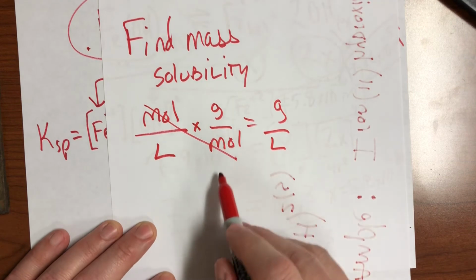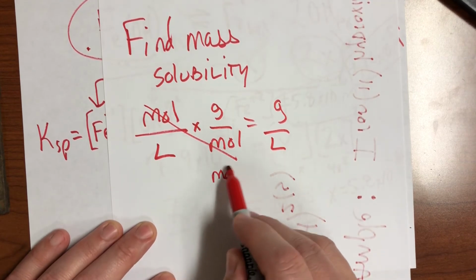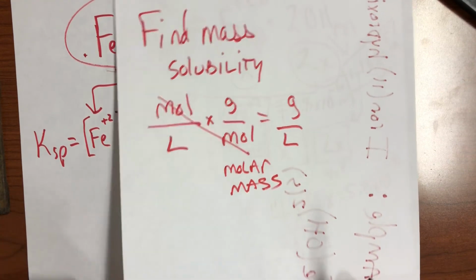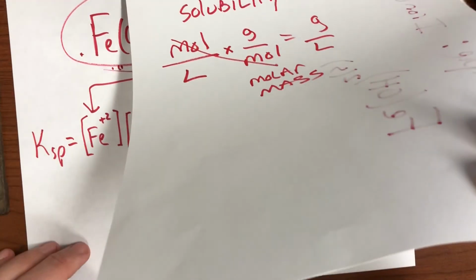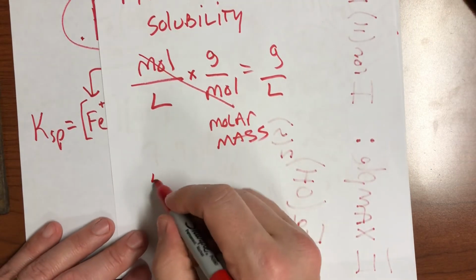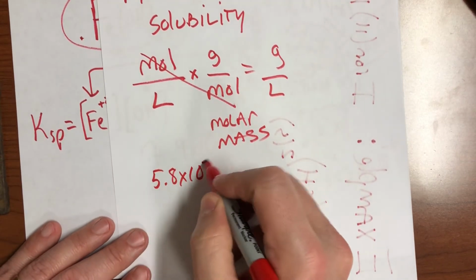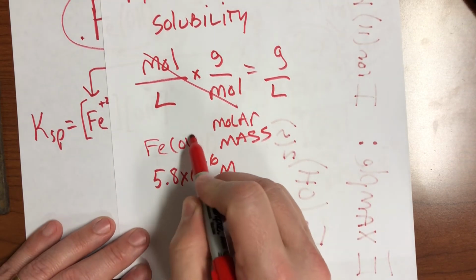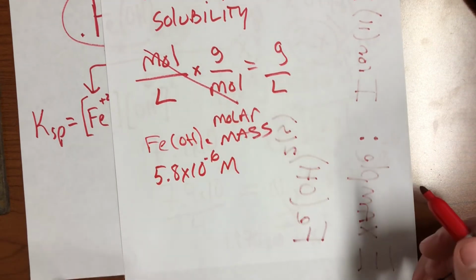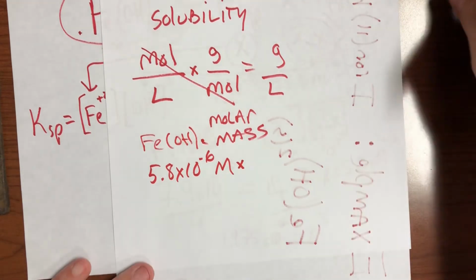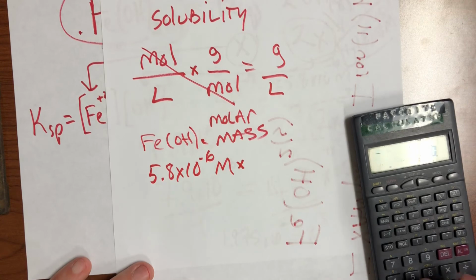Well, what's grams per mole? That's just the molar mass. So we know from the last sheet that the molar solubility is 5.8 times 10 to the negative sixth for iron 2 hydroxide. And so we can just multiply that by the molar mass of iron 2 hydroxide.